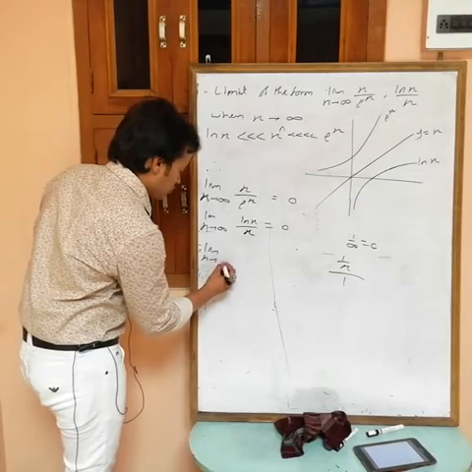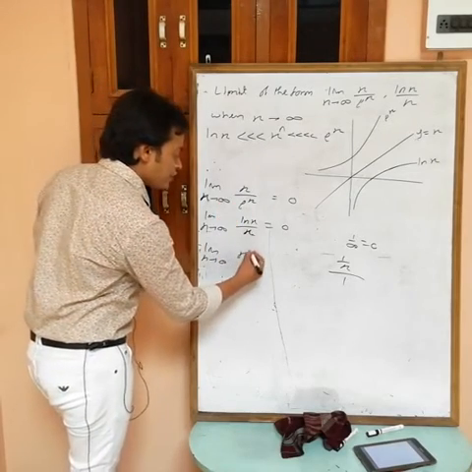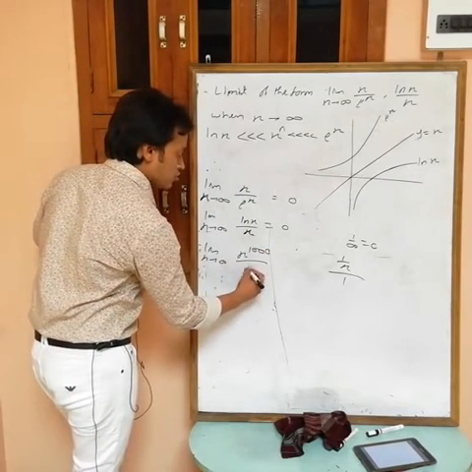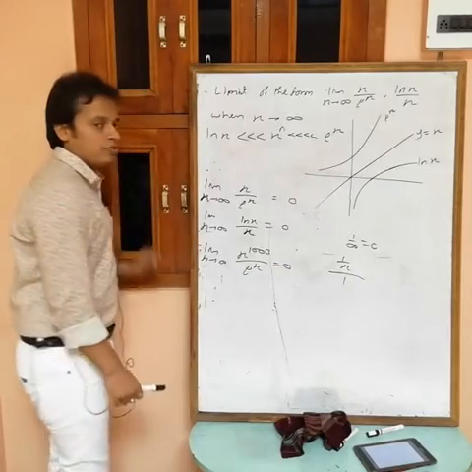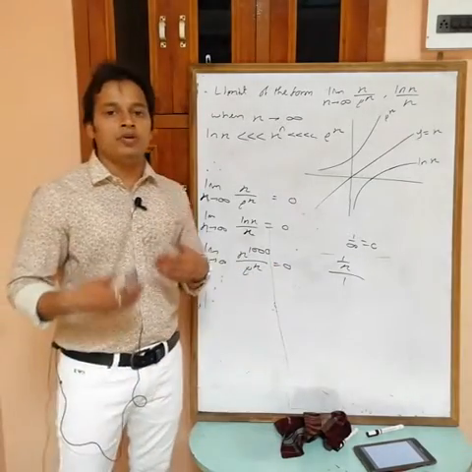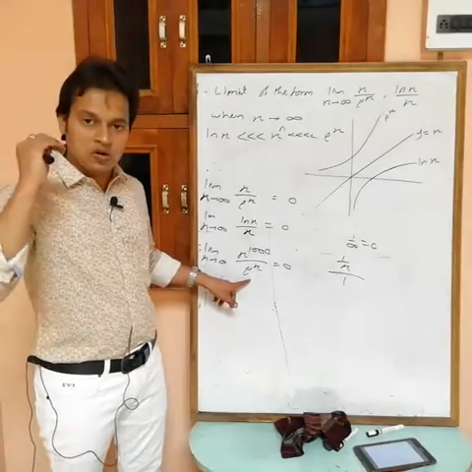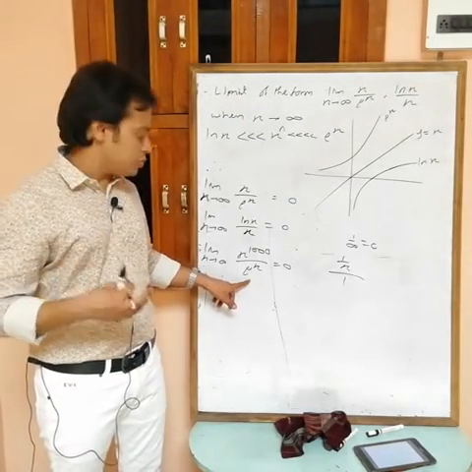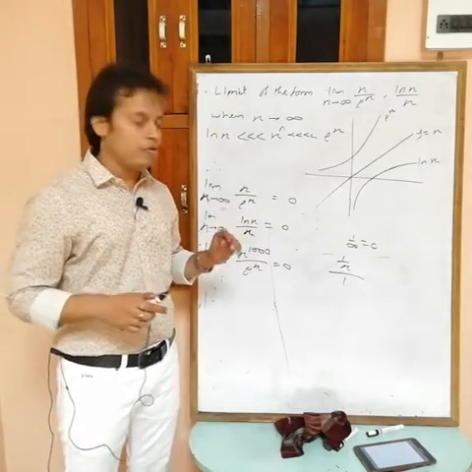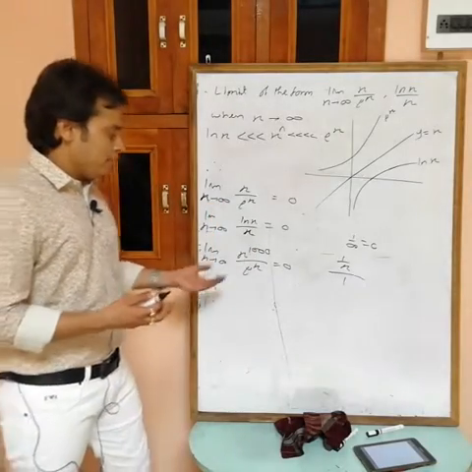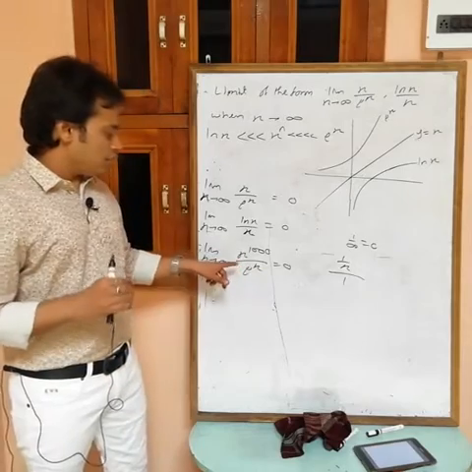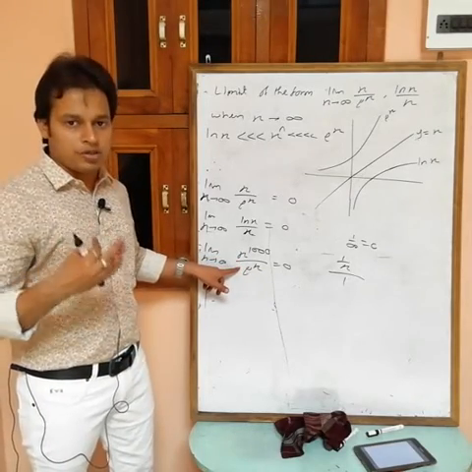Limit x tending to infinity, in place of x, if you take x power 1000 now, then also same thing, this is equal to 0, doesn't matter 1000 or 1 lakh or anything. At infinity e power x is much greater than x power n. Again I can prove it, use L'Hopital 1000 times.